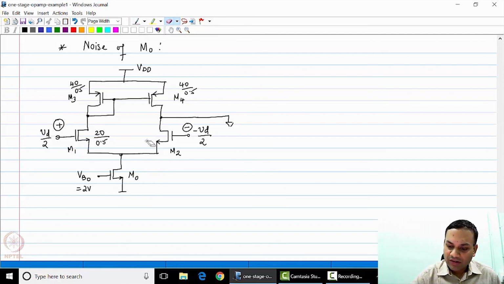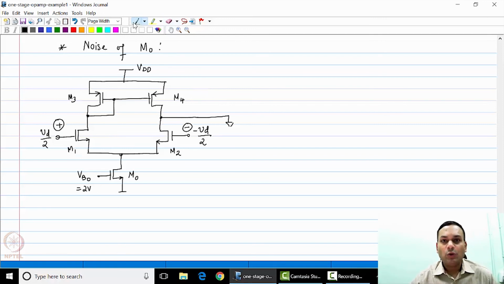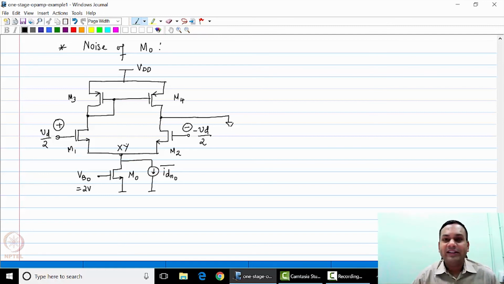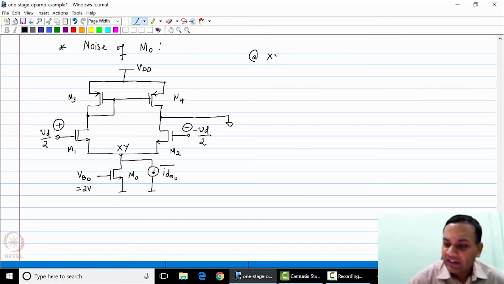Now, if the transistor M0 has a noise current IDN0, this current source now enters the node XY, and at XY IDN0 splits into 3 parts.